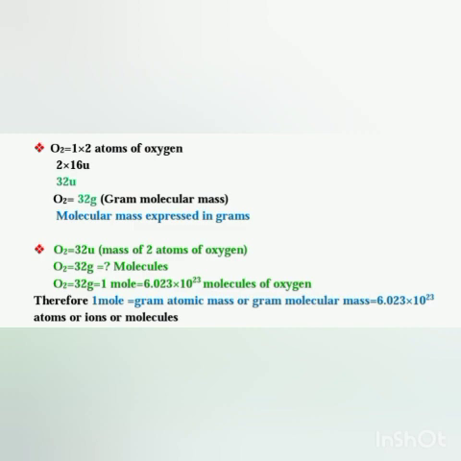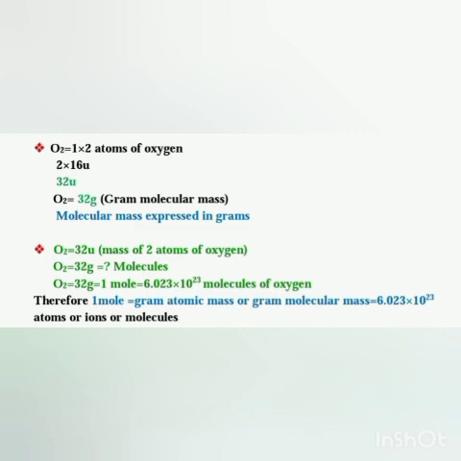So this gram molecular mass, 32 grams, is equal to 1 mole, which is equal to 6.023 into 10 raised to power 23 molecules of oxygen.